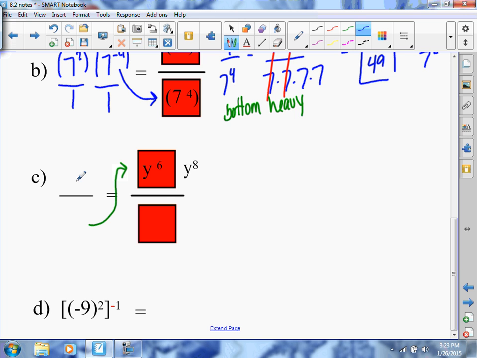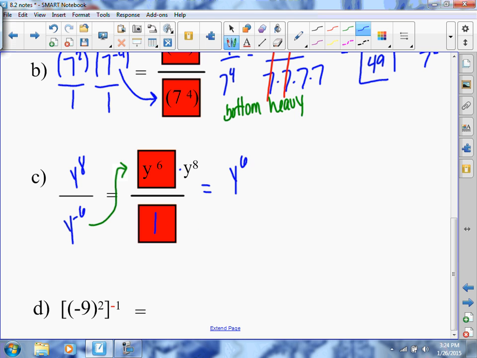So let me rewrite my original equation here. I had y to the 8th and then y to the negative 6th. I'm still keeping that y to the 8th in the numerator, and now I have this y to the negative 6 that's moved up. Okay, and it's become positive when it moved up. So now there's nothing left over in the denominator. It's just a 1.